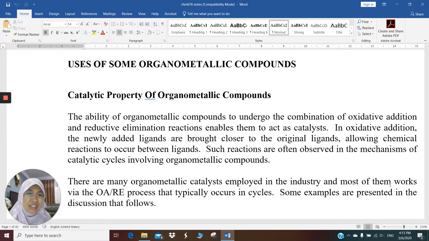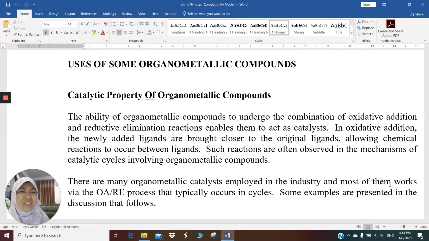I hope you remember what oxidative addition is. It is one of the reactions that can be undergone by organometallic compounds where small molecules are added into the compound. And reductive elimination is the reverse of oxidative addition, where by eliminating small molecules from the organometallic compound, the metal center undergoes reduction.